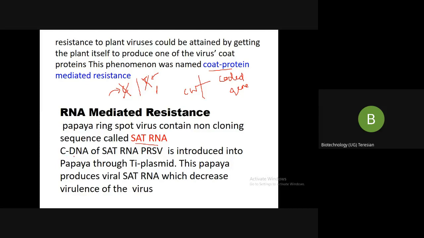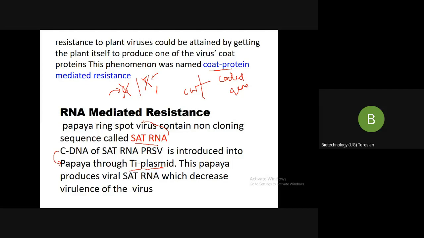So they constructed a complementary DNA of the sat RNA of the papaya virus, and then they introduced it into the papaya. This is the complementary DNA of this sat RNA which is present in the virus. So through the Ti plasmid they introduced it. Now you know what the Ti plasmid is, the tumor inducing plasmid of Agrobacterium.